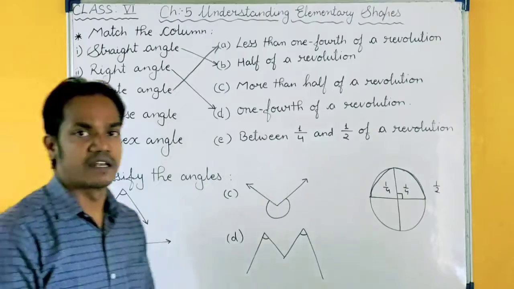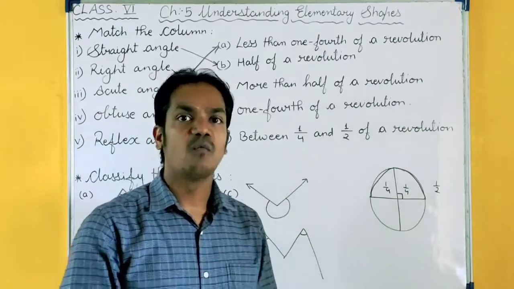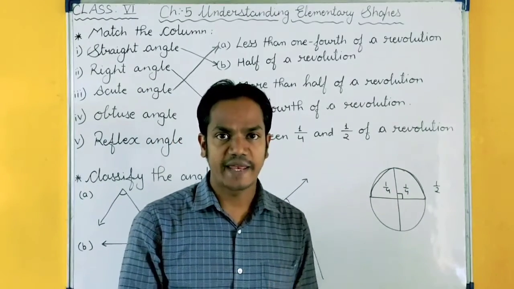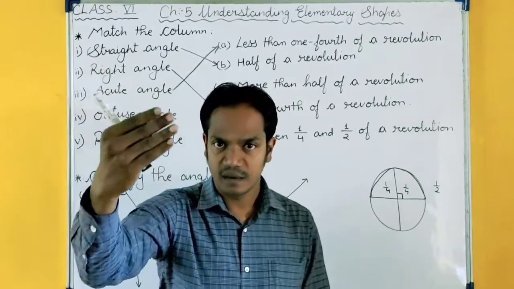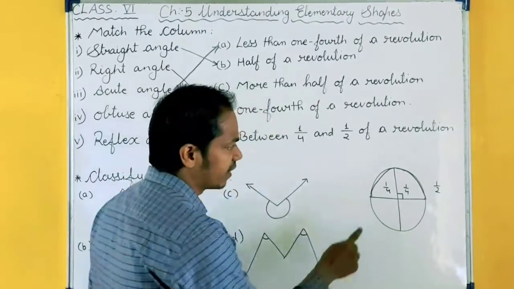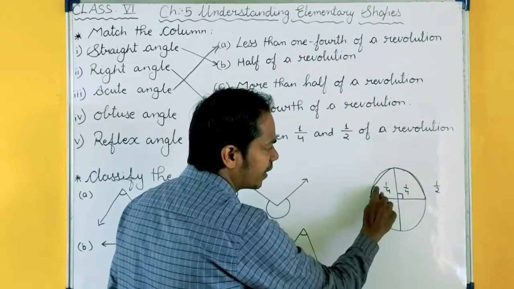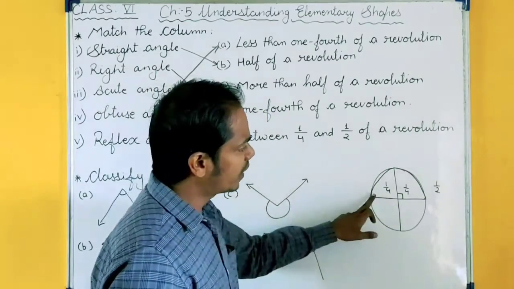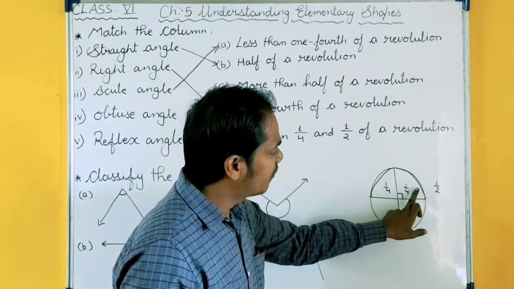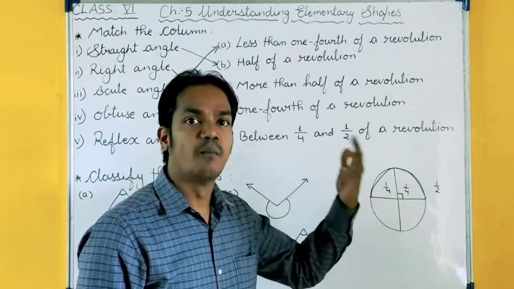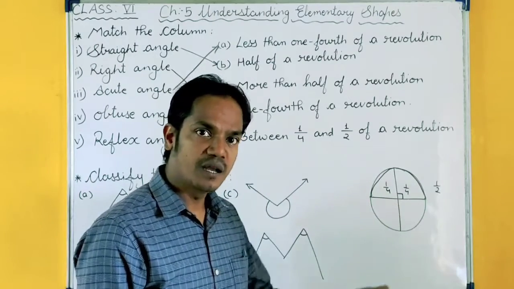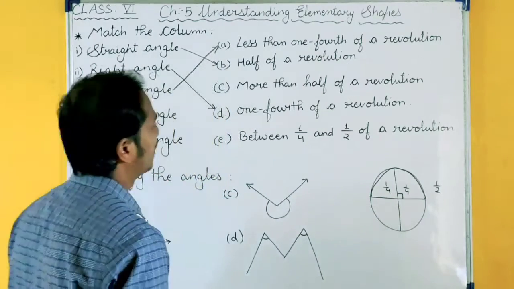Now obtuse angle. Recall what is an obtuse angle? An angle which measures more than 90 degree but less than 180 degree. So you can say between 1/4 and half, or more than 1/4 of a revolution but less than half of a revolution.